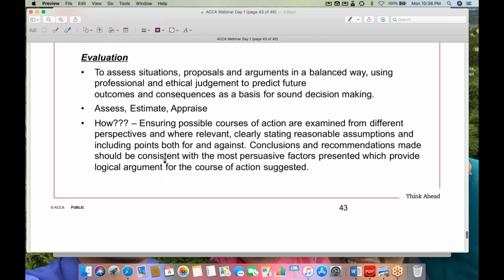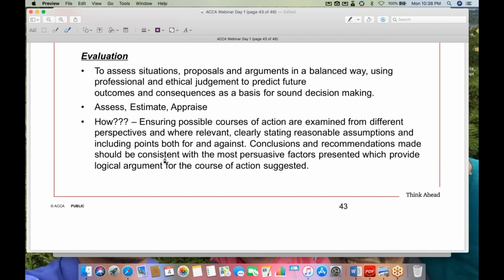Evaluation skill is testing you on how you assess situations, proposals and arguments in a balanced way. That means using your professional and ethical judgment to predict future outcomes and consequences as a basis for sound decision making.